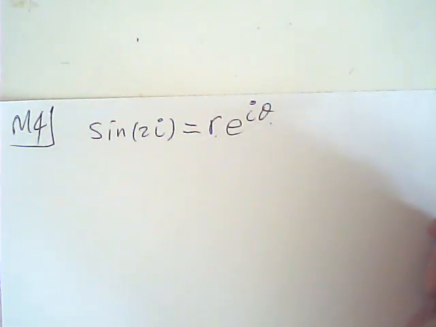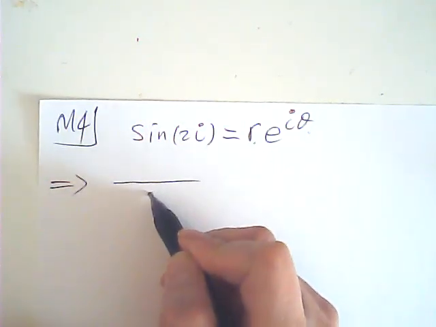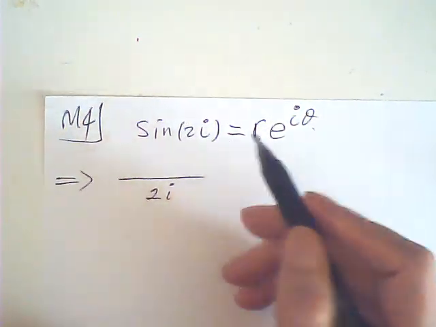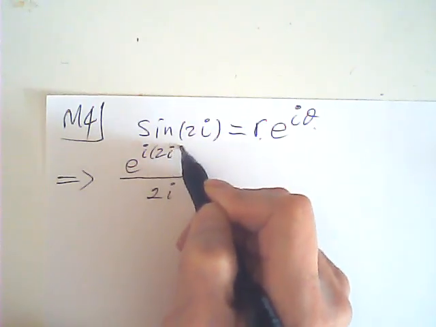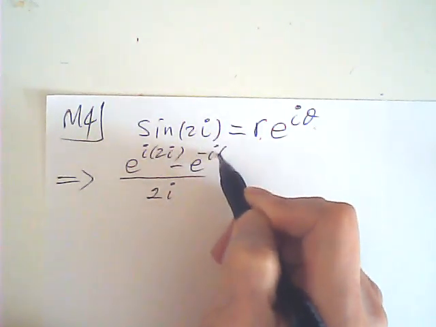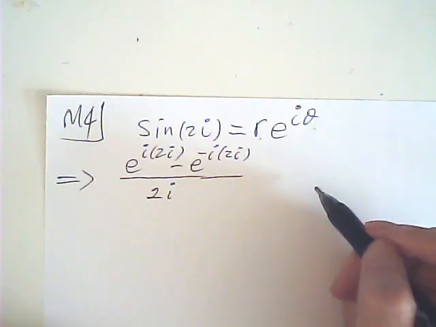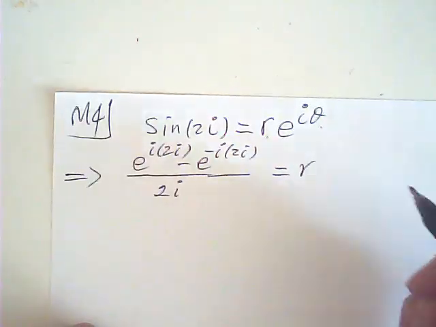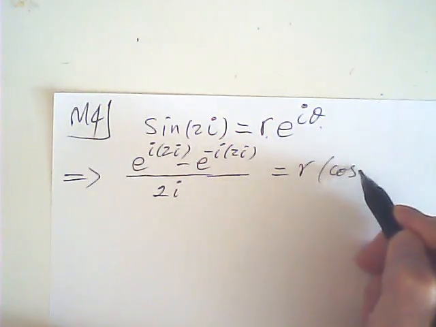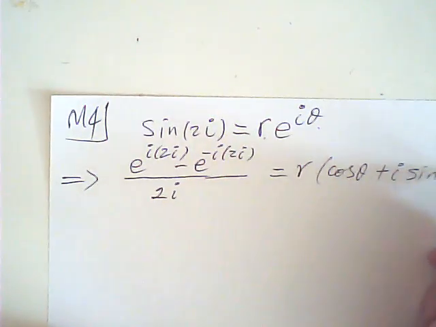The left-hand side is this, 2i, and e to the i 2i minus e to the negative i 2i. The right-hand side is equal to r times cosine theta plus i sine theta.